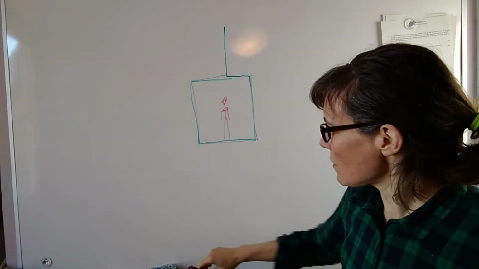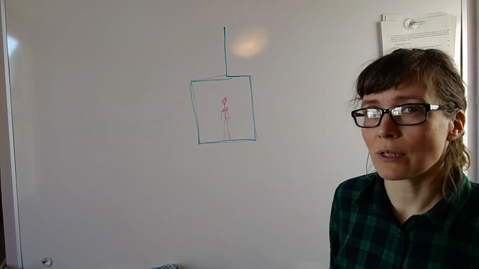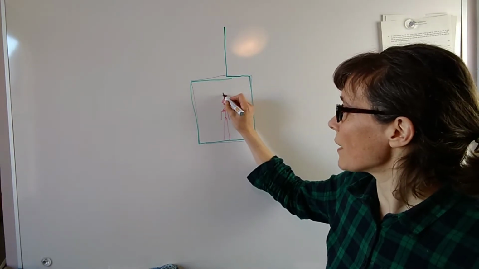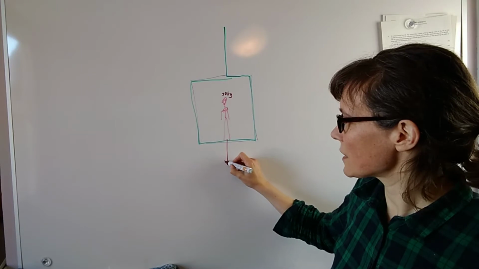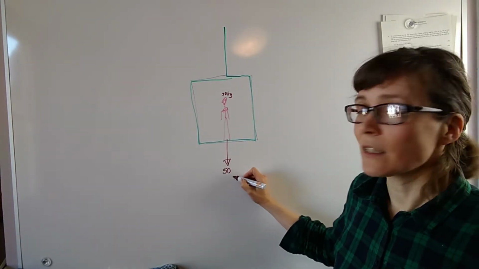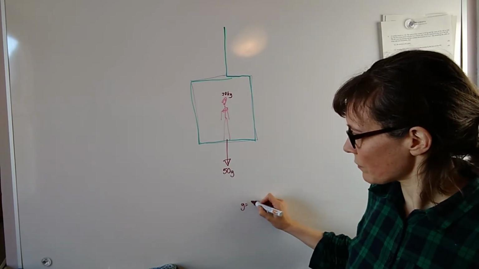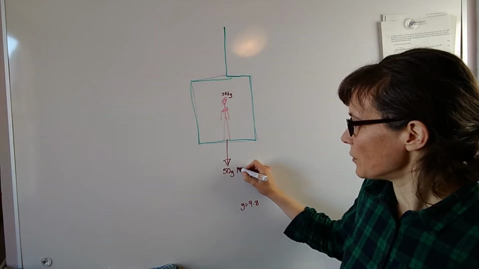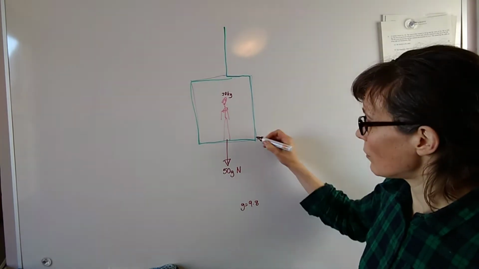So what are the forces here? They're all the things given in the question. We've got the weight of the lady. She's 50 kilograms, that's her mass, so her weight acting downwards is 50 times g, and g is 9.8 here, in newtons.